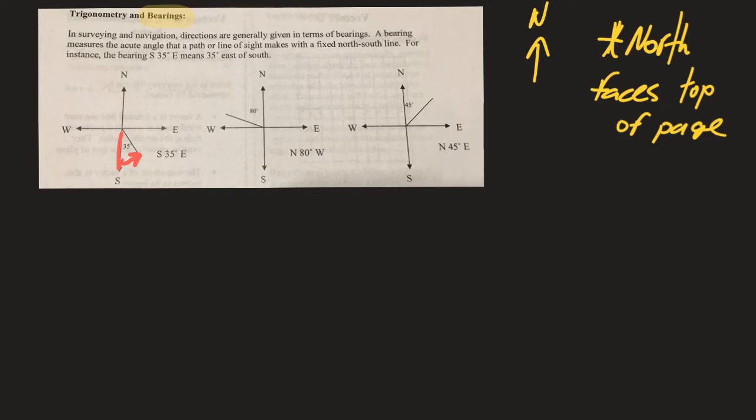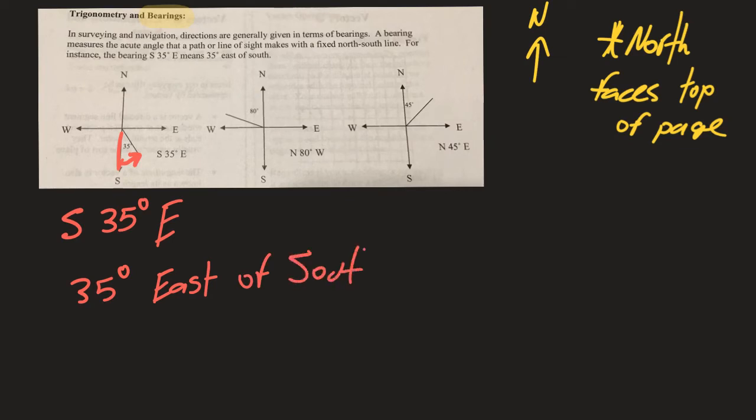You're going to say, hey, I start from the south, I go 35 degrees, and I am going in the east direction. And this reads as 35 degrees east of south. Okay? You always start from a cardinal north or south, and you go east or west from there.